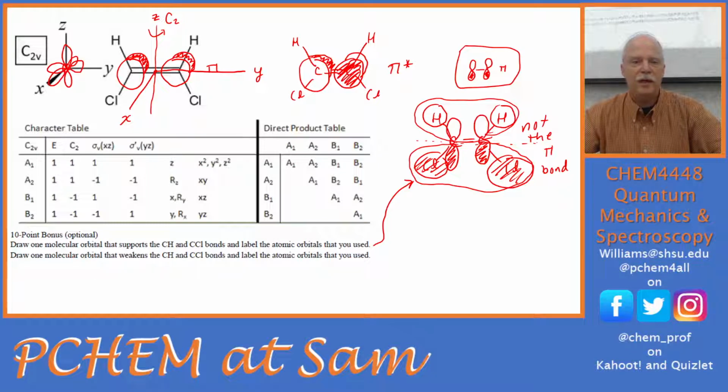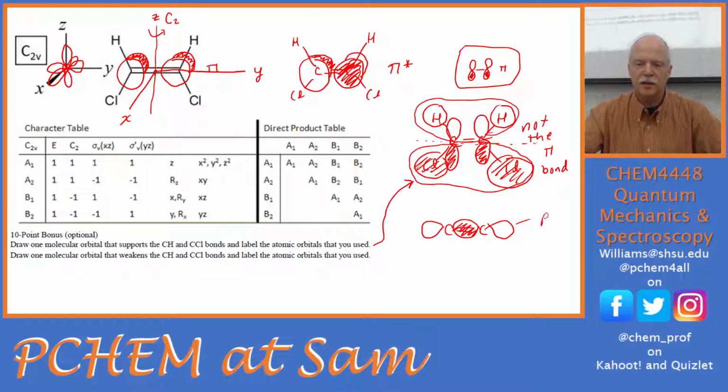What about the py orbitals? Well, those would be sigma between the carbon-carbons. So you would have this molecular orbital here for the py's, but then you also have those hydrogens, and so those hydrogens and chlorines could be in phase with this as well.